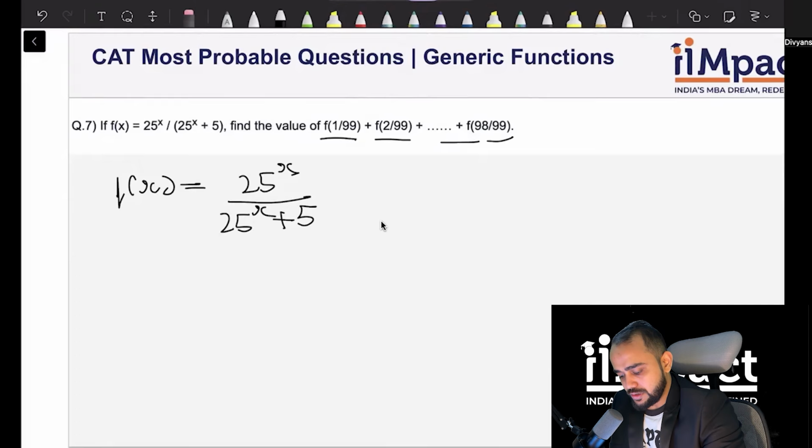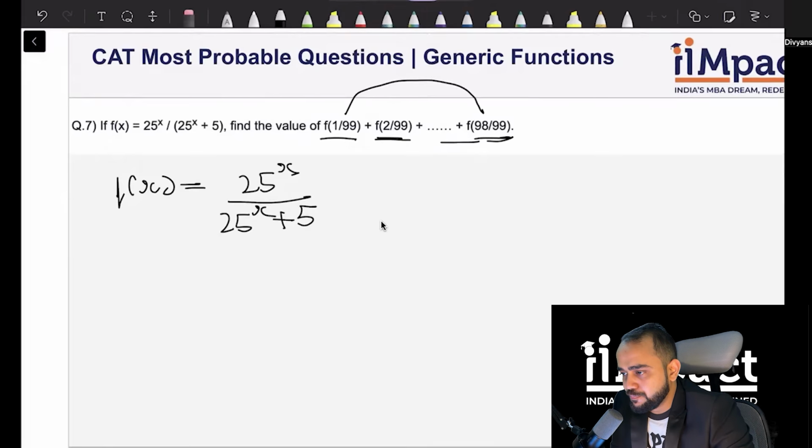Second thing that I notice is that alternate terms add up to 1. So maybe the inputs that add up to 1 are going to give me a fixed output, which is something I can use. So let's use this. Let us find f of 1 minus x.